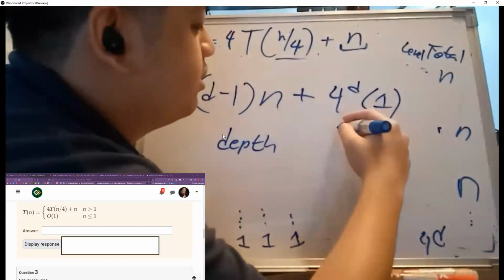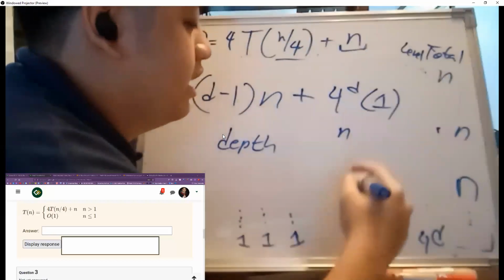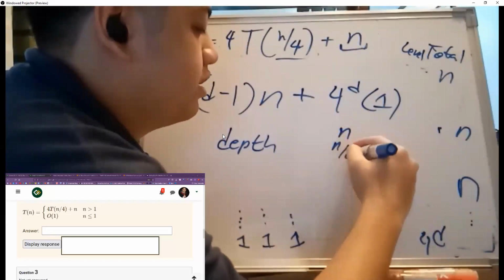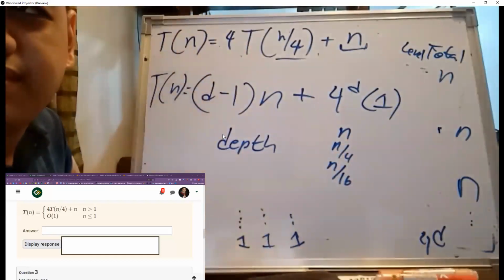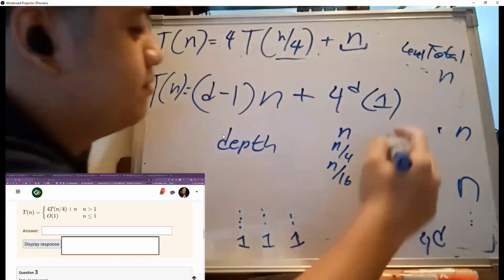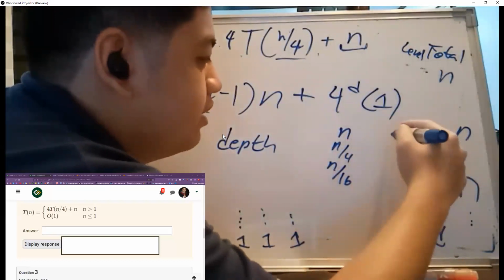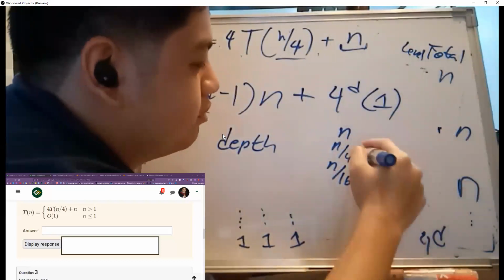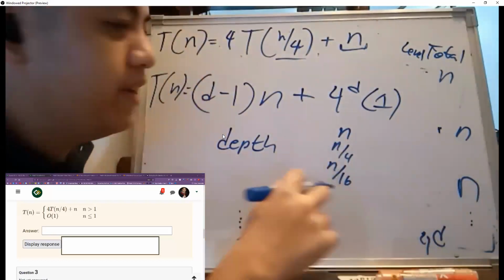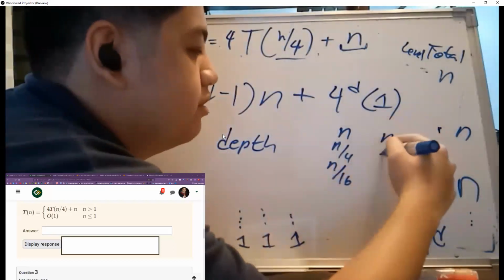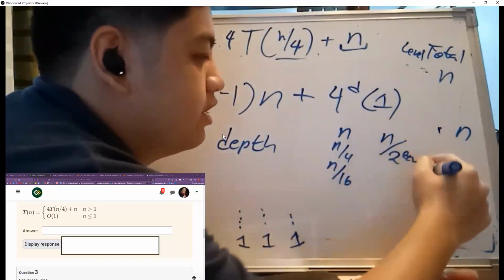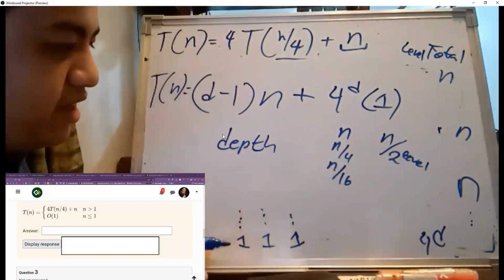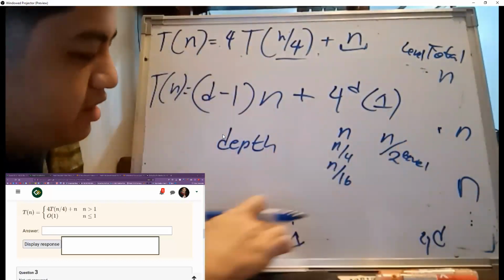So, nag-start yung tree natin with n, and then naging n over 4, and then naging n over 16. So, basically, yung n naging over yung kanyang level. So, n over 2 to the level. So, for the last level, yung n natin eventually naging 1.